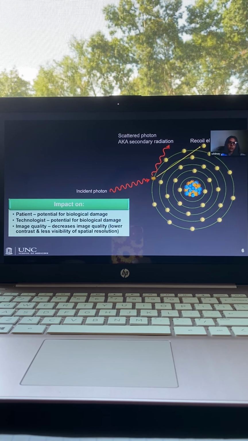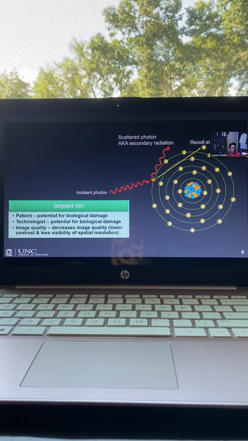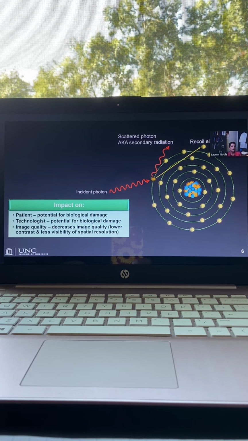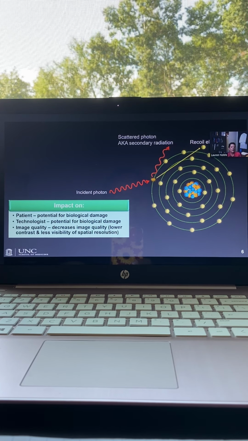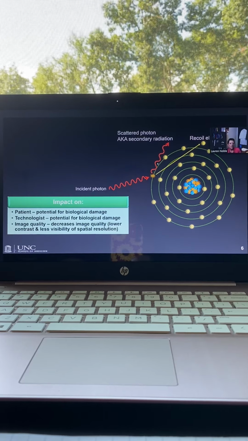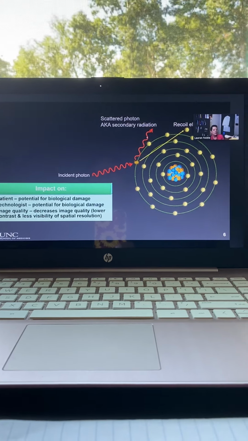Because it gave up energy. Remember, there's a direct relationship between frequency and energy. So if energy is given up, the frequency is going to decrease. So we have an increase in wavelength and a decrease in frequency because energy was given up.